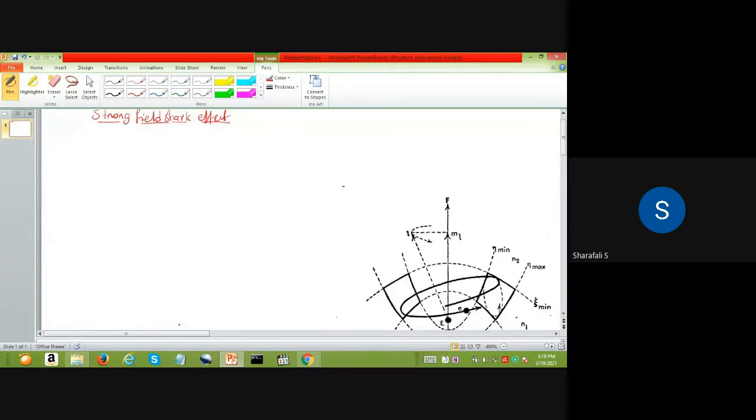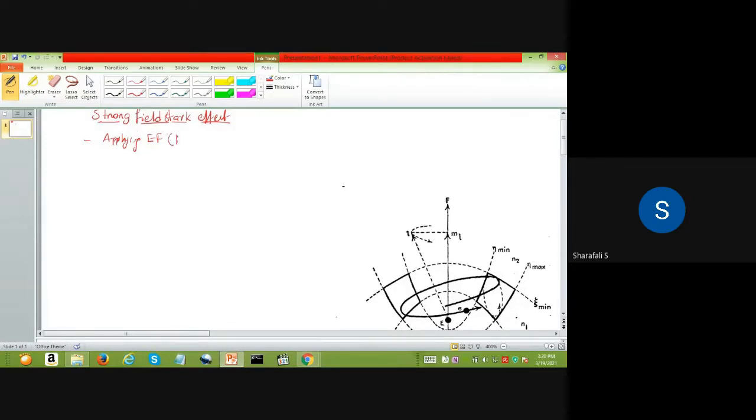A strong field, for the case of hydrogen atoms, is one for which the interaction energy between the electrons and the field is large. So basically in this Stark effect, we are applying an electric field, as in the case of the Zeeman effect we apply a magnetic field.